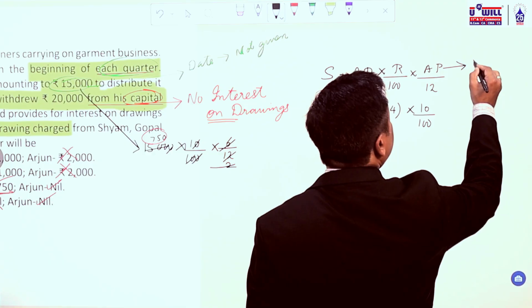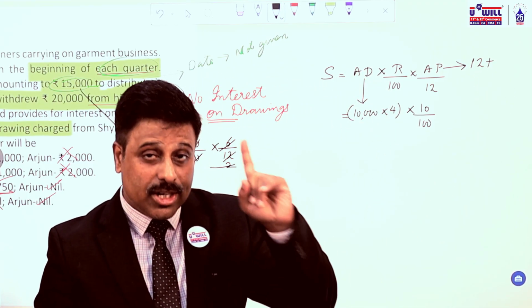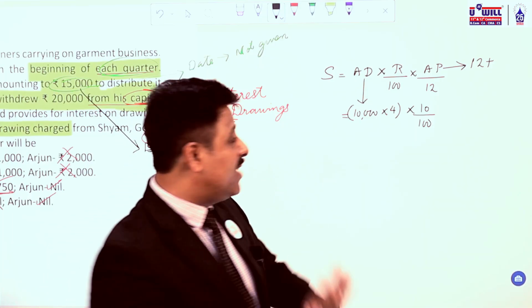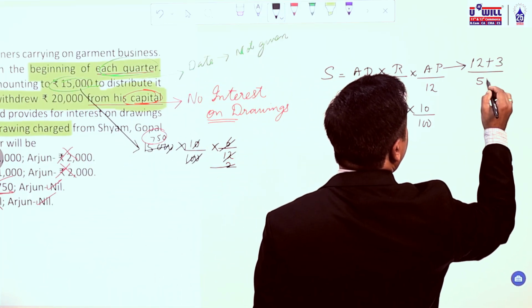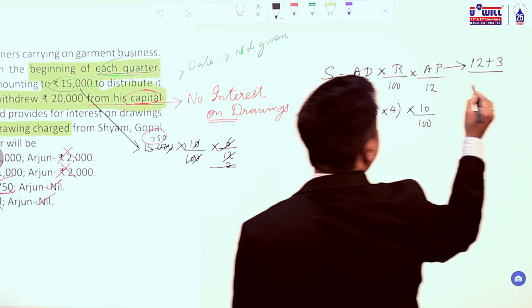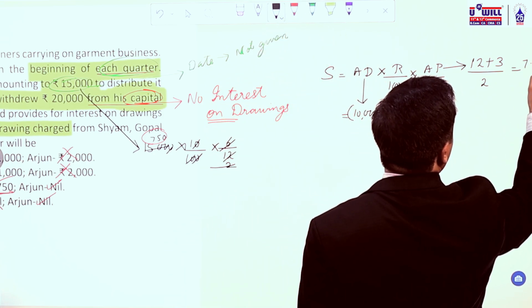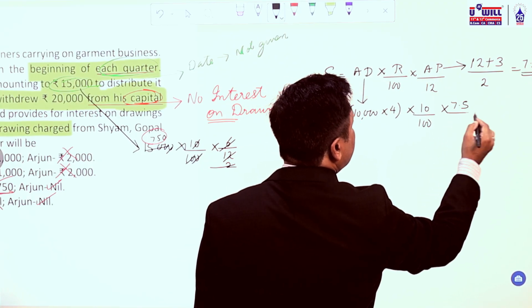Beginning 1st April, what you withdraw, 12 months will remain. Last quarter is January, February, March. 1st January, what you withdraw, 3 months will remain. 15 divided by 2 will be equal to 7.5. What will be the average period? 7.5 divided by 12.